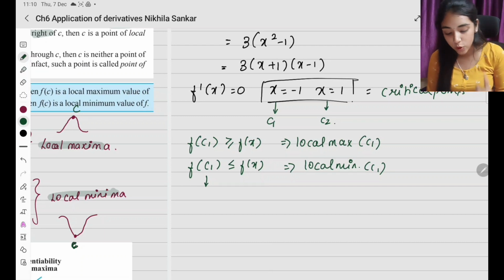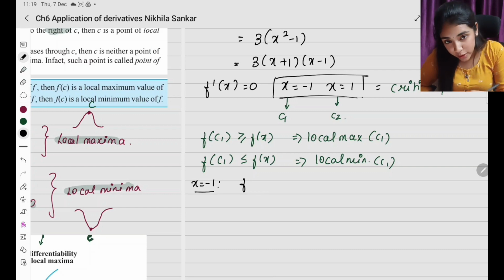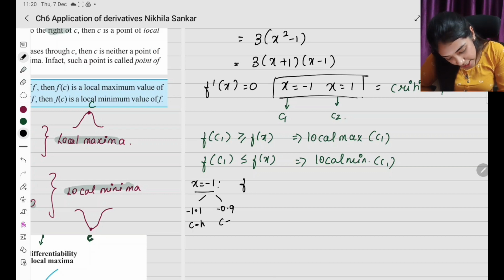I need to check this. I'm going to check for my first point, x is equal to minus 1. I have to check for the values that are very, very close to minus 1. What value is on the left and what value is on the right? To the right of minus 1, I have minus 0.9 and to the left of minus 1, I have minus 1.1. So basically I'm doing C minus h and C plus h, where my C value is minus 1, minus 0.1 and minus 1 plus 0.1.